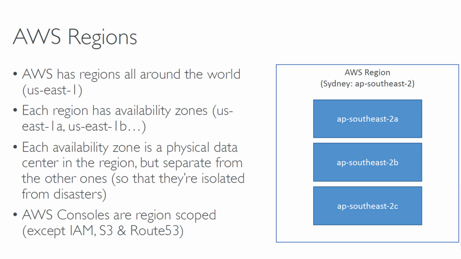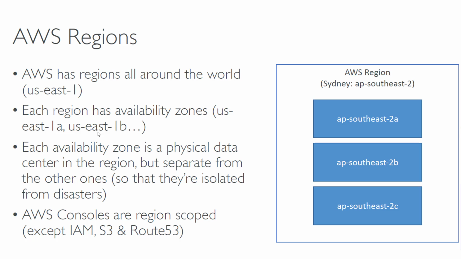have availability zones, and we all recognize them because they end with letters like US East 1A, US East 1B. These letters are A, B, C, D, E, F, and can go up to 6 AZs so far. AZ is another word for availability zone, and they basically represent the physical data centers in a region.